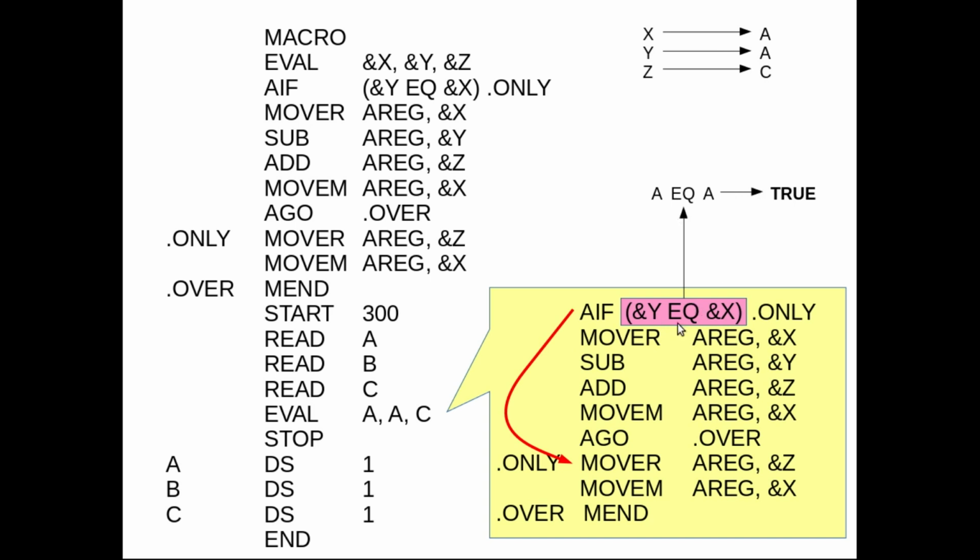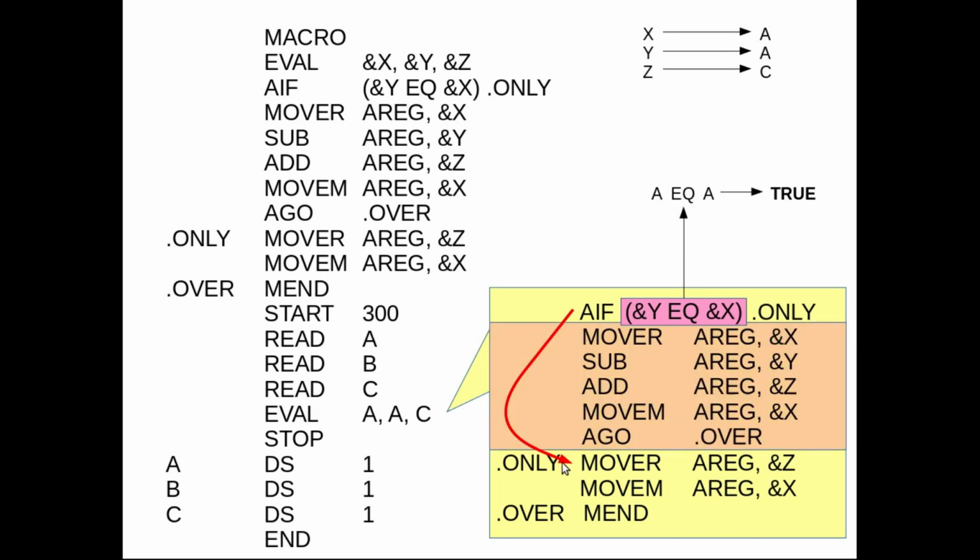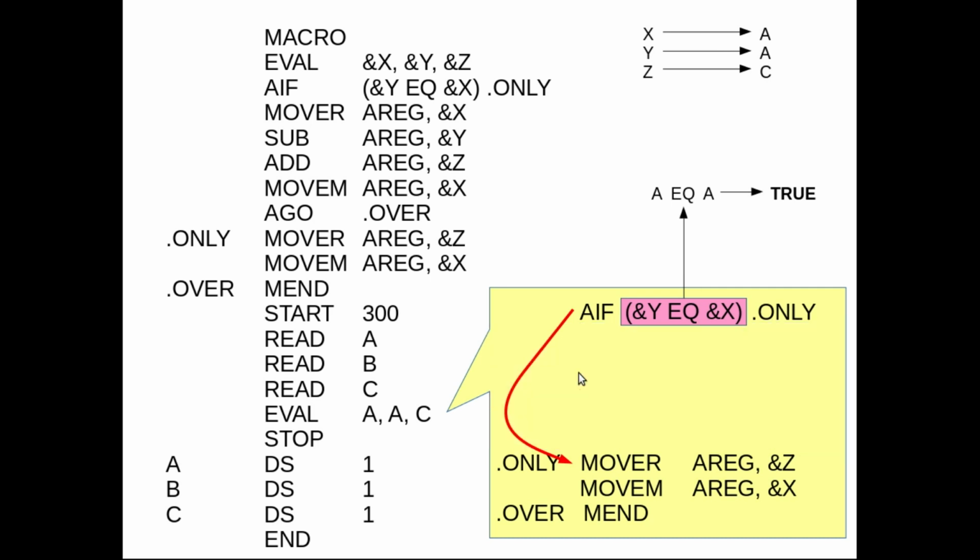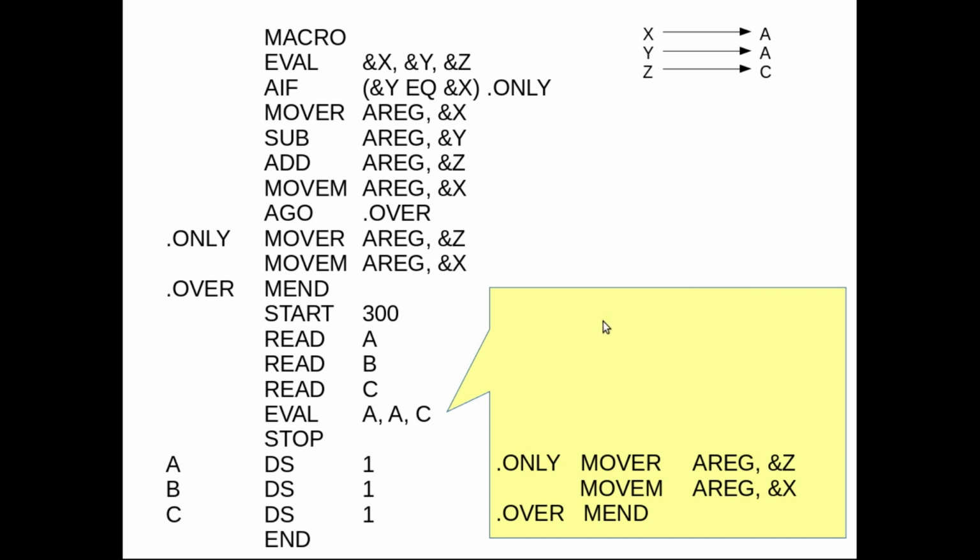And if the result of the relational expression is true, I need to jump to dot only, which means I need to jump up to this line, which means all these 5 lines I will skip them. From here I will directly go to only, and these 5 lines I can remove them. And once I jump here, I am done with the AIF statement, so I can remove the AIF statement.